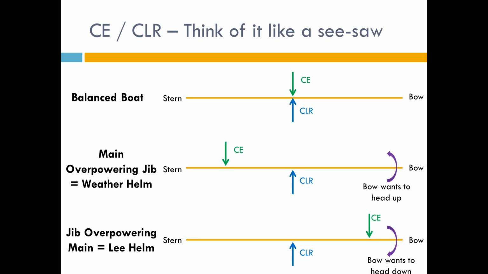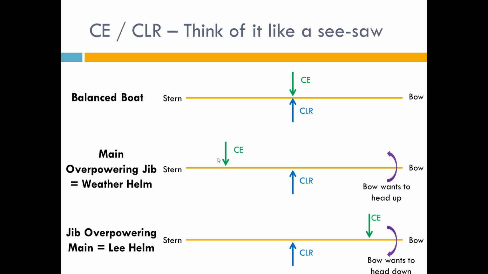I like to think of it like a seesaw, like the kid's toy at a playground. In these pictures, the yellow horizontal line is the seesaw, and we'll use the center of lateral resistance as our pivoting point. When we have a balanced boat, the center of effort and center of lateral resistance fall right on top of each other, so if we let go of the tiller, the boat will keep going in a straight line.